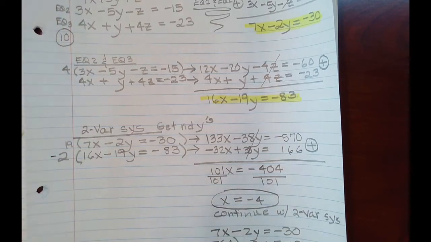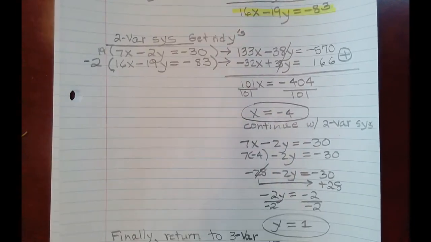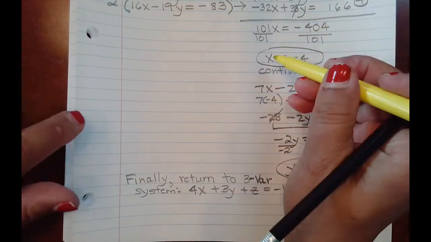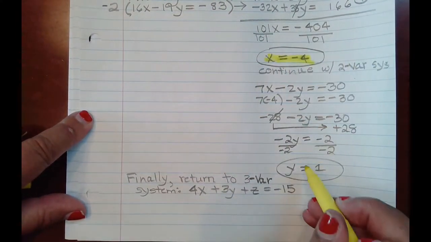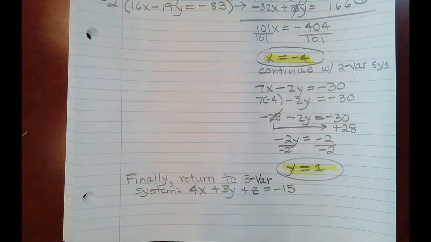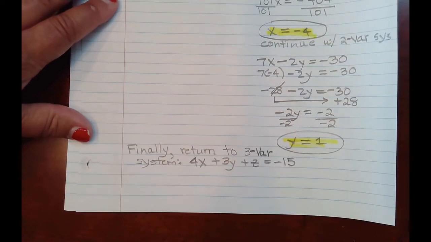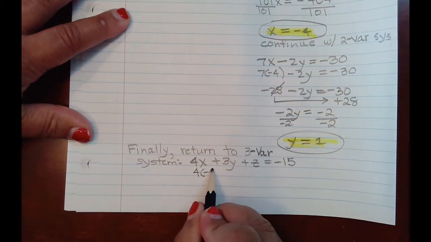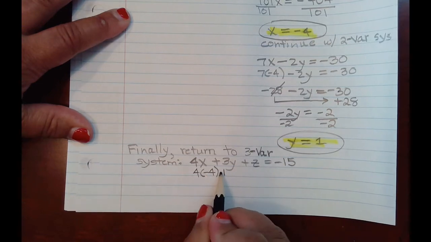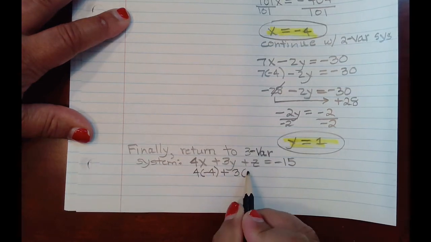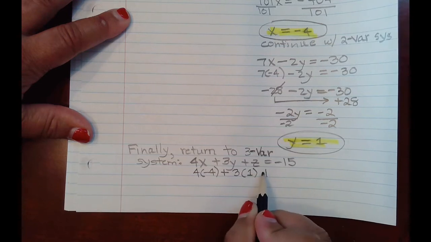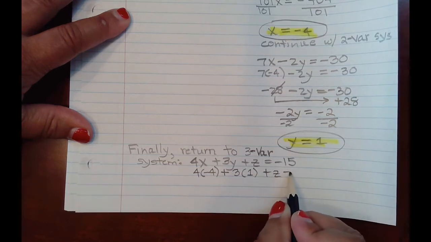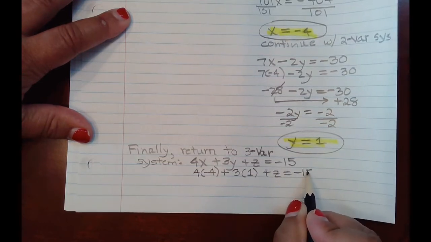And I'm going to put the answers in that I have discovered thus far. I know that x is negative 4. I know that y is 1. And all I have left to find is z. Okay, so it's 4 times x plus 3 times y plus z is equal to negative 15.